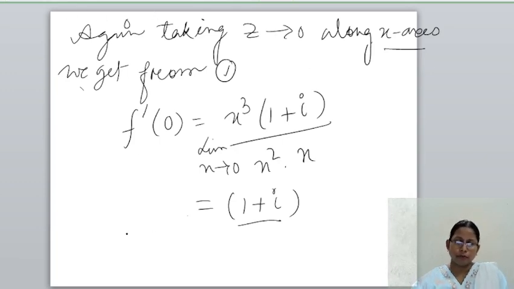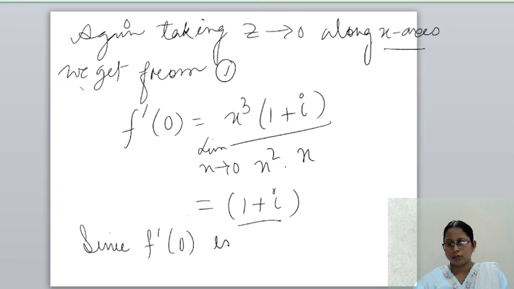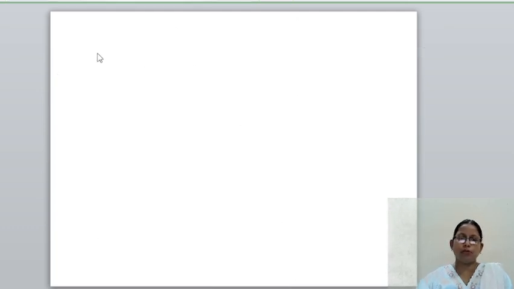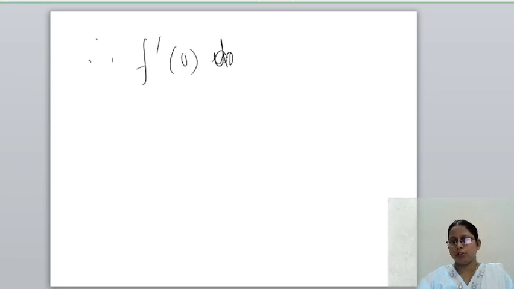So since it is not unique, it depends on the path, therefore f'(0) does not exist.